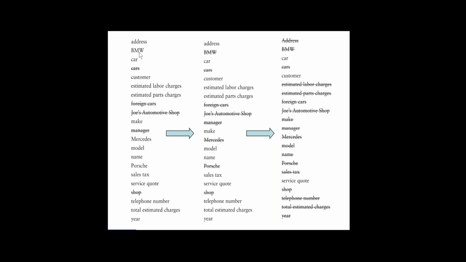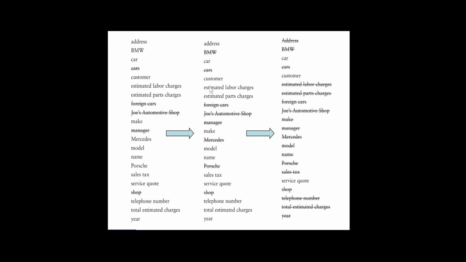It's an object of a class. Maybe a car BMW can be an object of car, right? Mercedes also, Porsche also. So we can eliminate those, which are objects, okay? Manager also can represent something that we are not exactly interested in at the moment, okay?